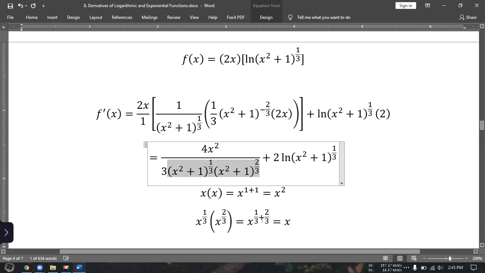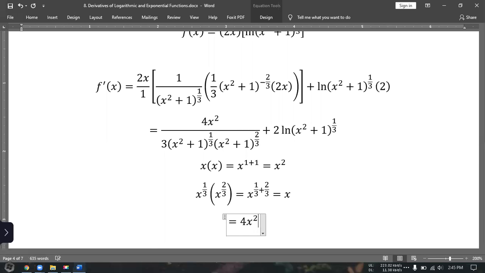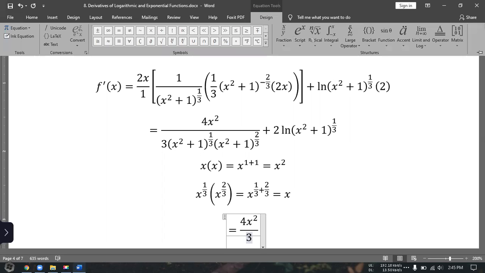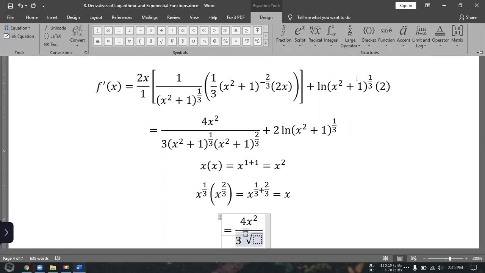So this is simply 4x squared over 3 cube root, applying the properties of radicals. Where is it? Cube root. May shortcut pala ako. Wait. Shortcut na ako. Copy ko muna.